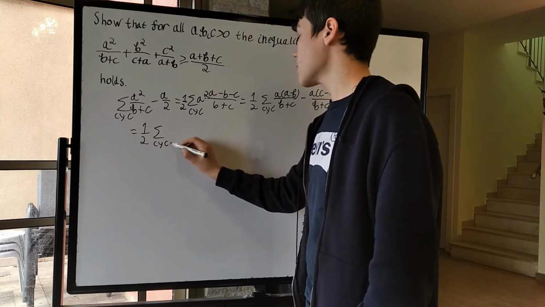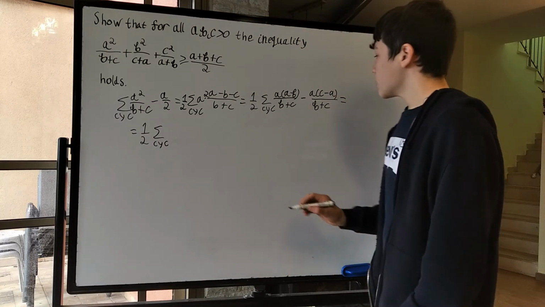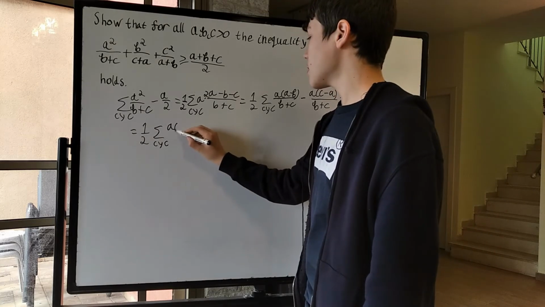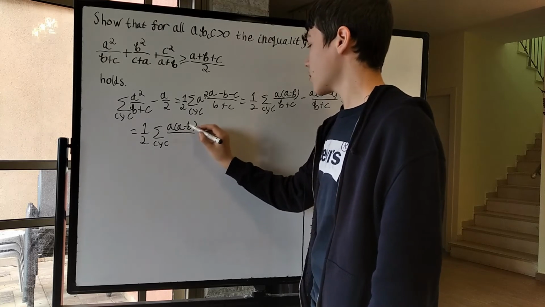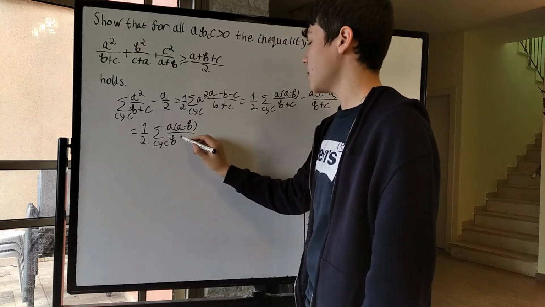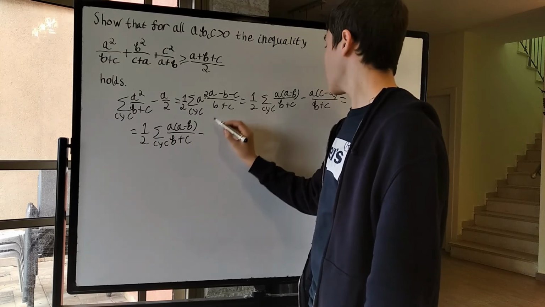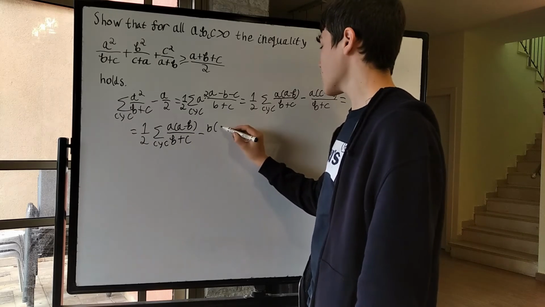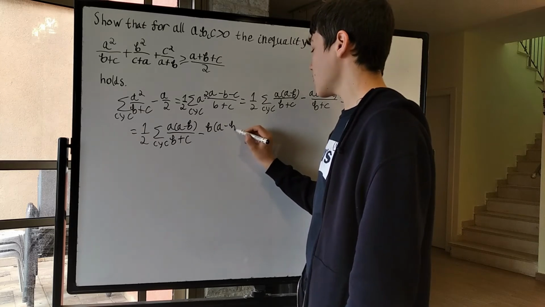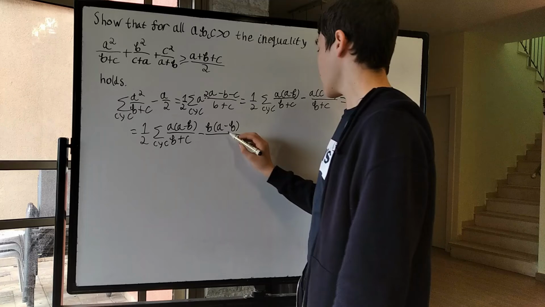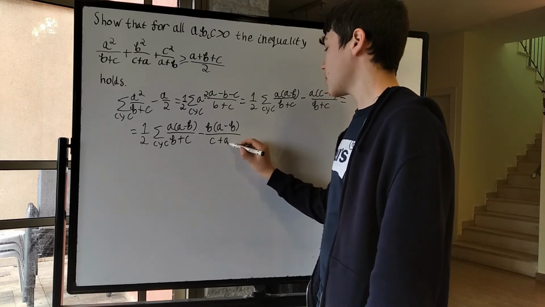the cyclic sum of a times (a minus b) over (b plus c), minus b times (a minus b) divided by (c plus a).